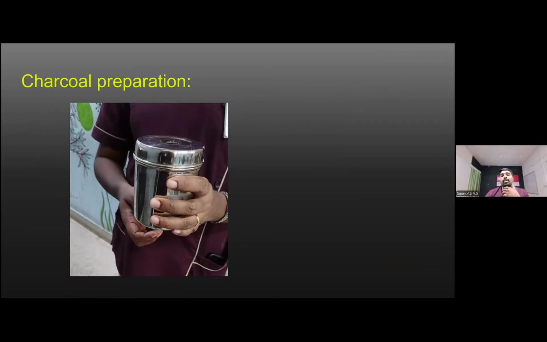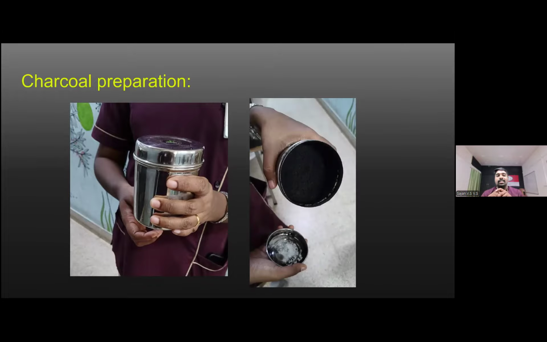So for that purpose, in our setting, we implemented charcoal preparation from our side. For this charcoal preparation, we selected coconut shells. We burn them into charcoal pieces, crush them into powdered form, then mix this powdered charcoal in Biolin or liquid paraffin to make a paste.